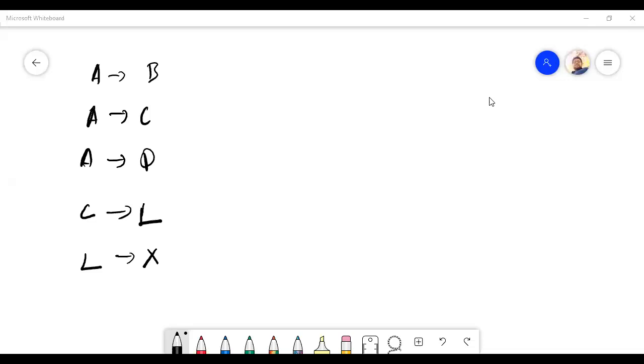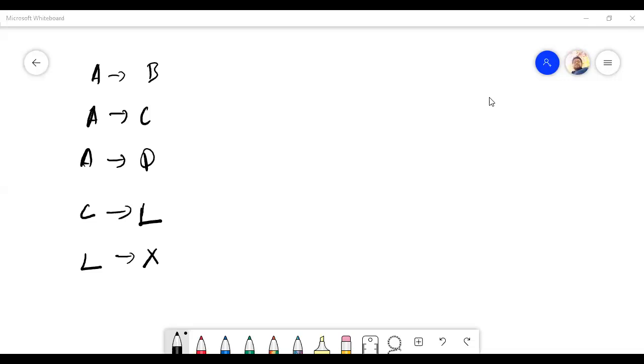B is functionally dependent on A. C is functionally dependent on A. D is functionally dependent on A. L is indirectly functionally dependent on A through C. X is functionally dependent on L. Now I want to know whether L functionally depends on A or not.